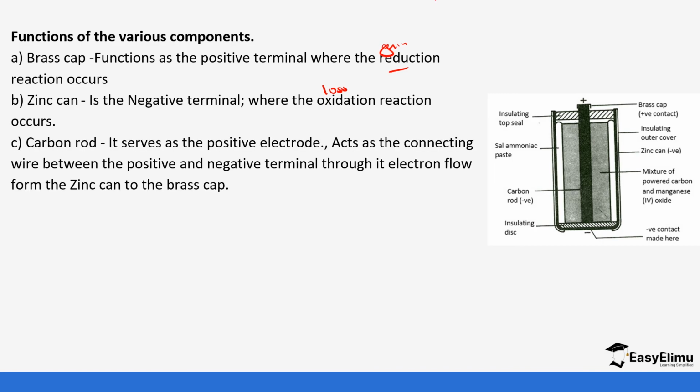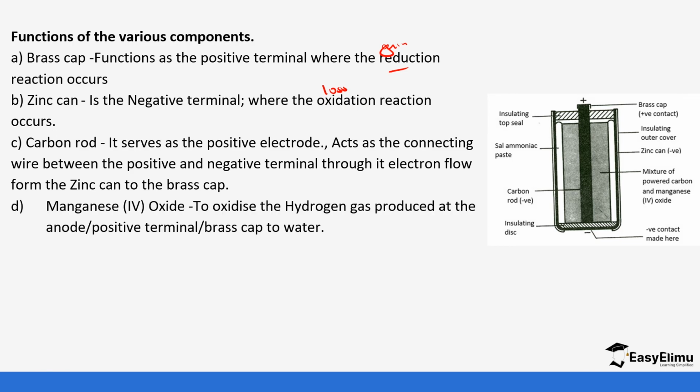The carbon rod also serves as a positive electrode, and since it is covered with a brass cap at the top, it acts as the connecting wire between the positive and negative terminals through which the electrons flow from the zinc can to the brass cap. And then we also have manganese(IV) oxide. We learned that the manganese(IV) oxide is used to oxidize hydrogen gas to produce water.